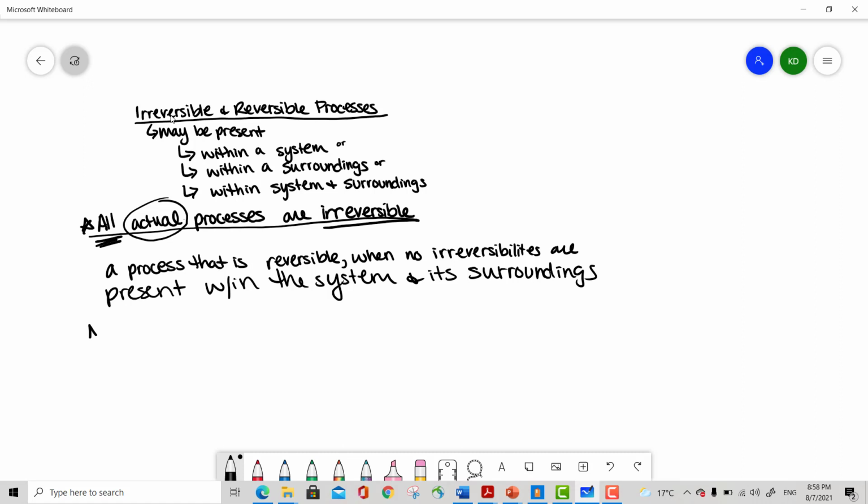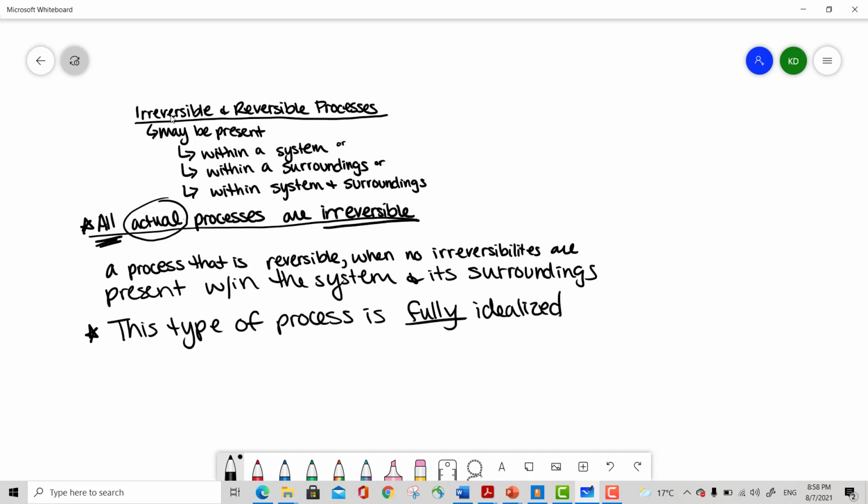And the really important note for this is this type of process is fully idealized. So not real, pretty much.